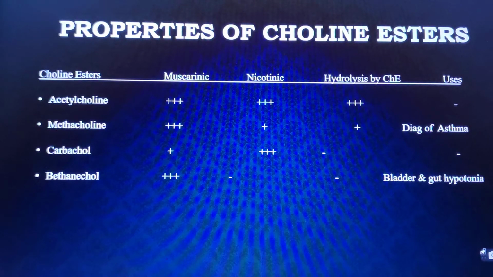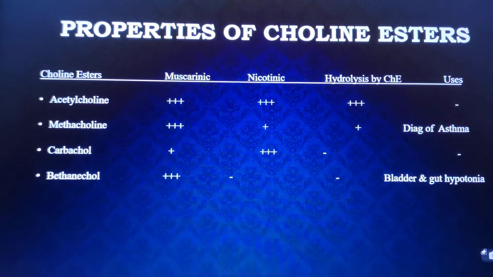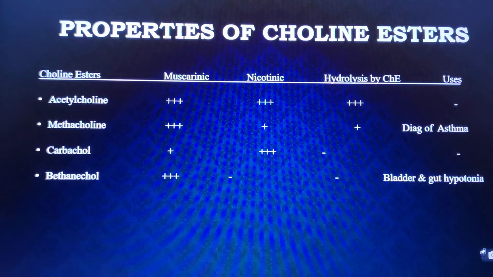If we see the properties of these cholinesters, we find that acetylcholine has muscarinic as well as nicotinic effects, but it is extensively metabolized or hydrolyzed by the enzyme, so it has no therapeutic use. Methacholine has mainly muscarinic effect and very low nicotinic effect. It is also metabolized but not to a very extensive extent, and its use is primarily for the diagnosis of bronchial asthma.